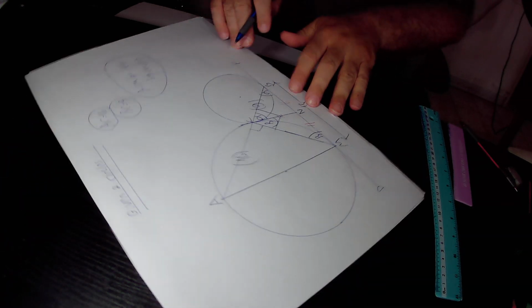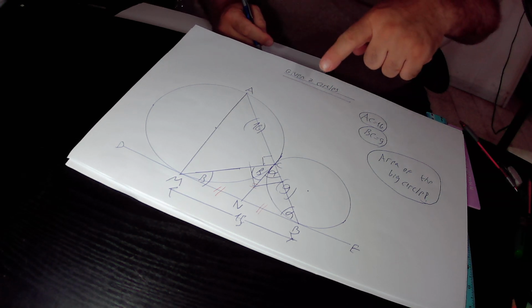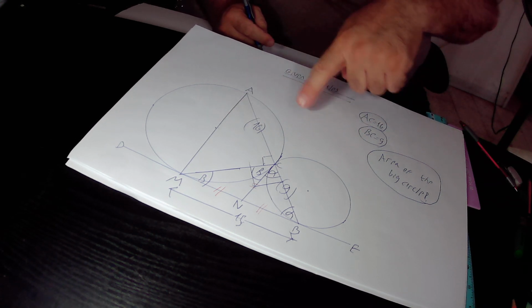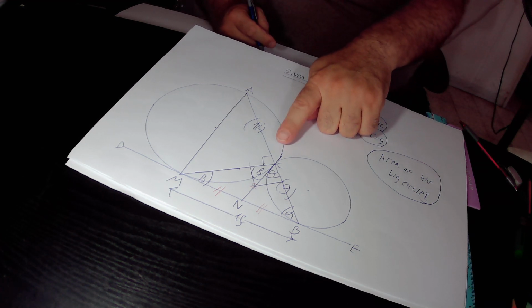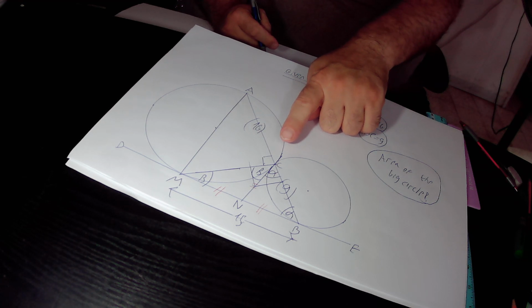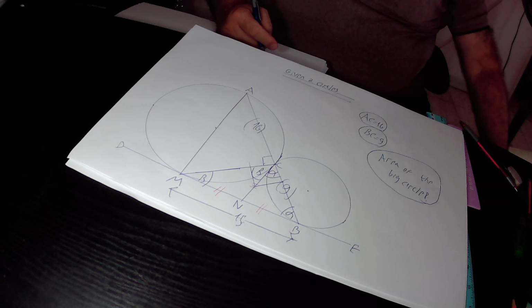So we have here peripheral angle ACM, and according to rule 3, peripheral angle ACM is a right angle. And according to rule 5, any peripheral angle that is equal to 90 degrees in its size must be subtended on the diameter of the circle.